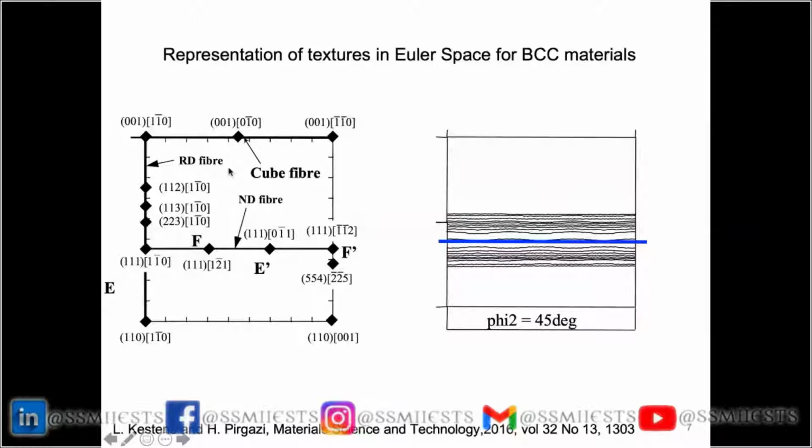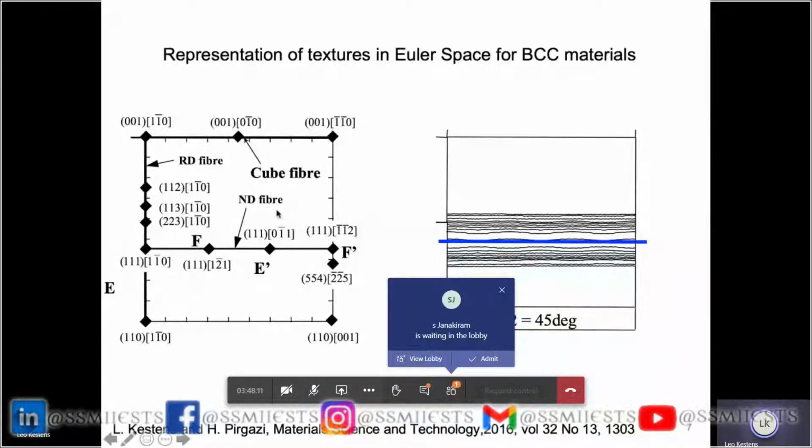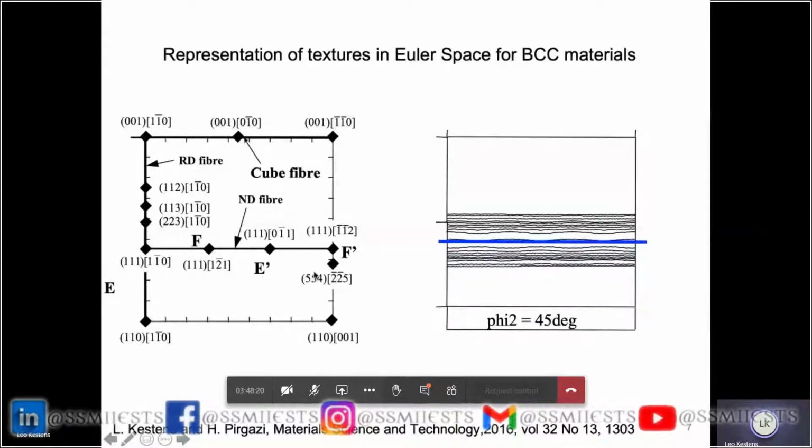So you can see all the components of this fiber have one direction in common, namely the 110 direction. This is the 110 parallel to RD fiber. And this is the gamma fiber, otherwise also known as the ND fiber. All the points on this fiber have the 111 crystal plane parallel to the rolling plane.